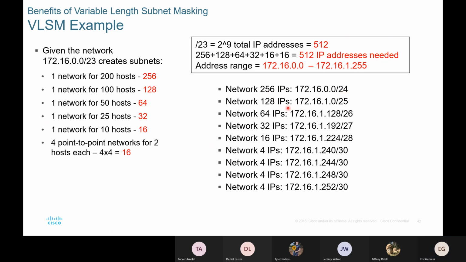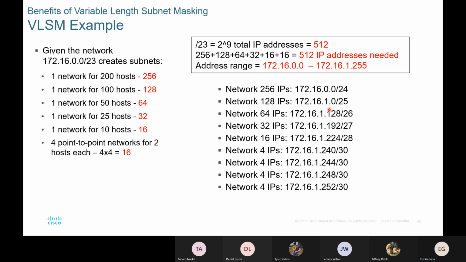Now, I still have 256 IP addresses left. In these 256 IP addresses, I need to put this first 128. So I will put them in 172.16.1.0. This network will go up to 172.16.1.127 because it has 128 IP addresses.